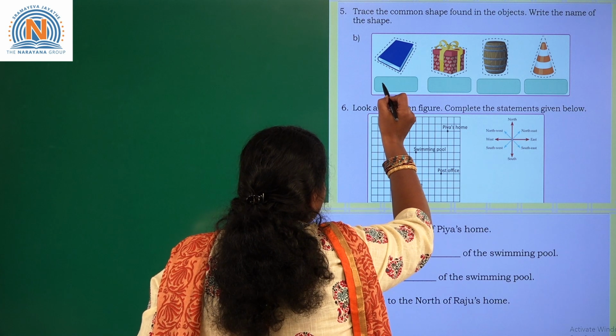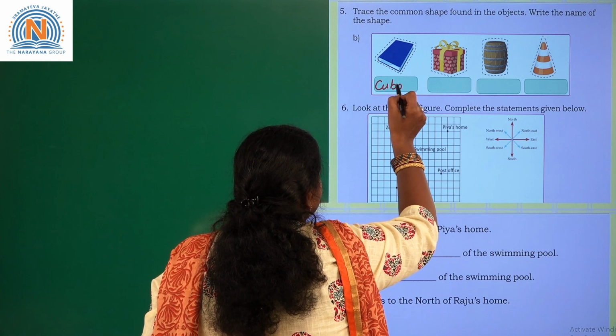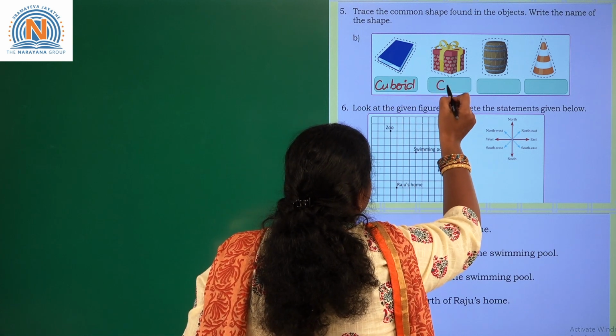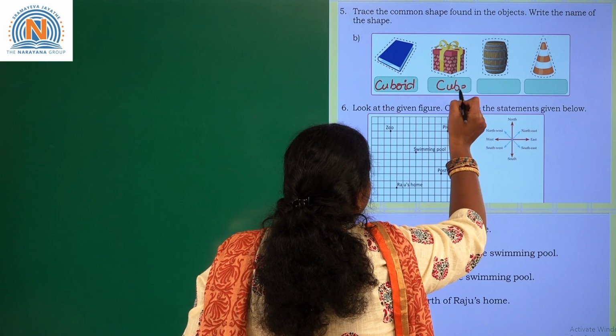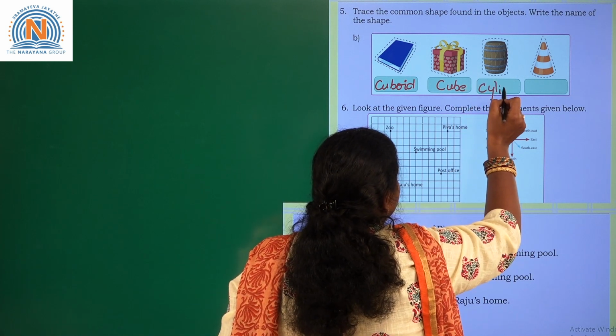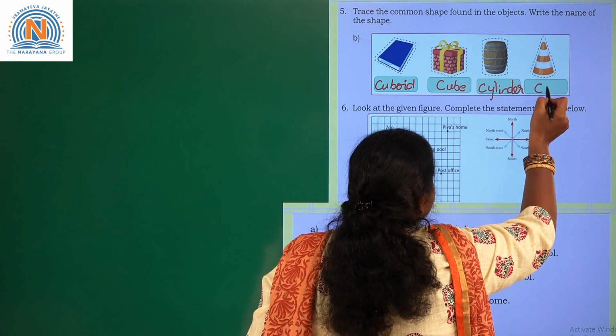Cuboid. And this is cube. And this is cylinder. And what about this? Cone.